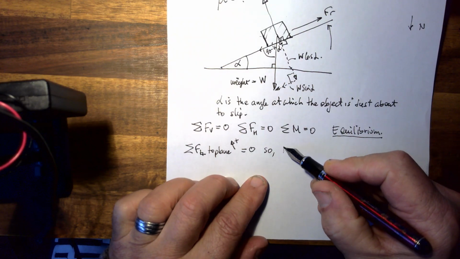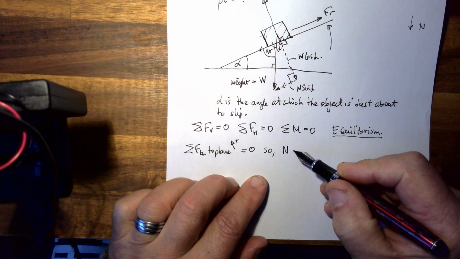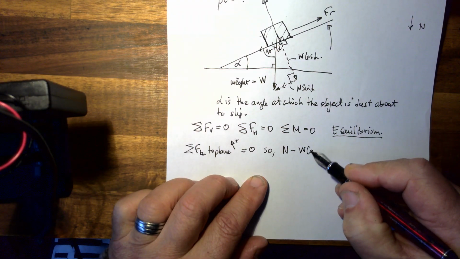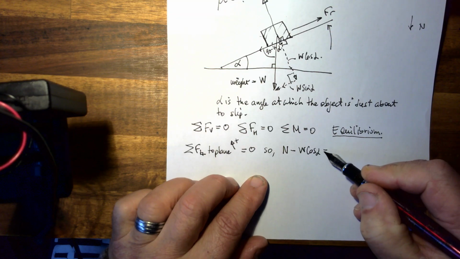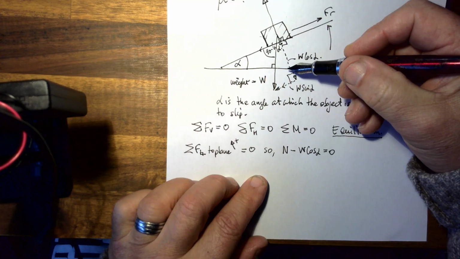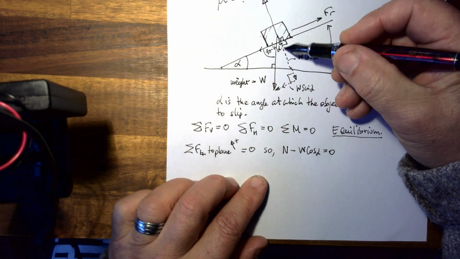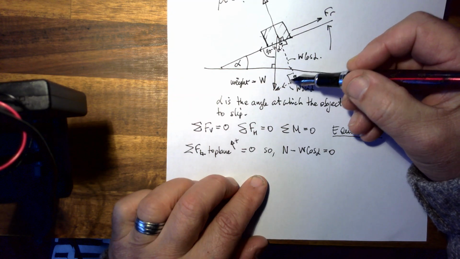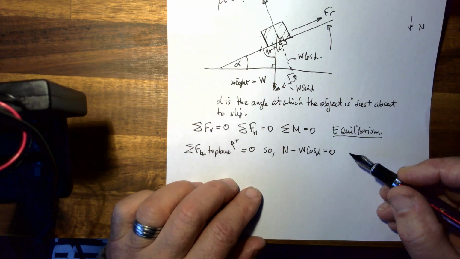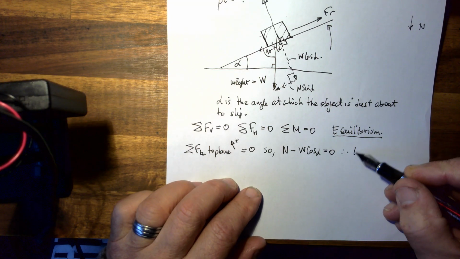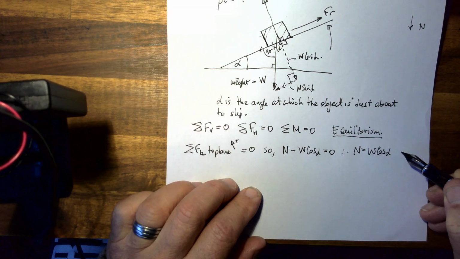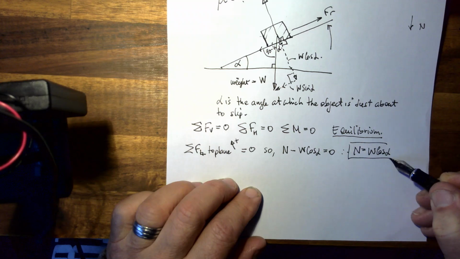I have N minus this other force, W cos alpha, equals 0. They're the only two forces that are at right angles to the plane, because remember, I've changed W into W cos alpha and W sine alpha. That means, therefore, N is going to equal W cos alpha. So there's my first equation.